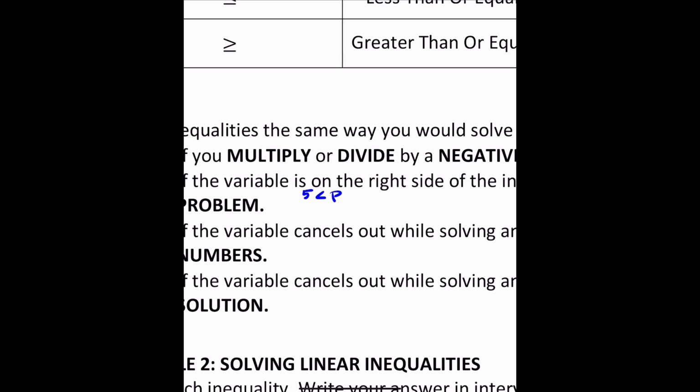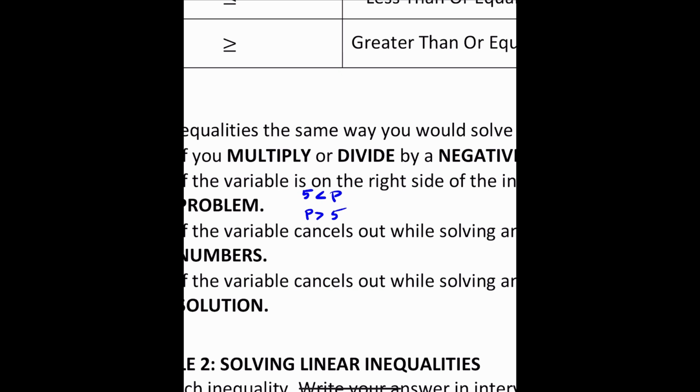So it would look like this: p is greater than 5. The less than sign changed to the greater than sign. When I rewrote this problem, it doesn't really change much because the symbol is still going to follow the p.